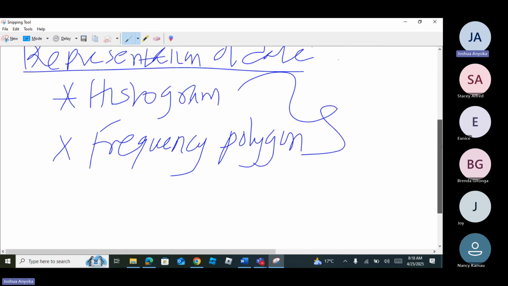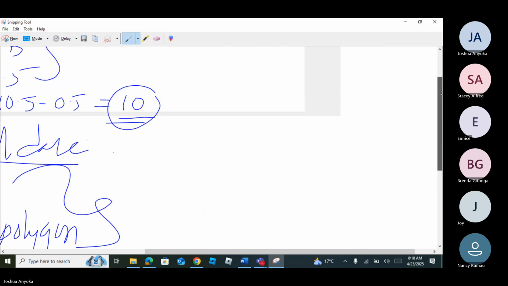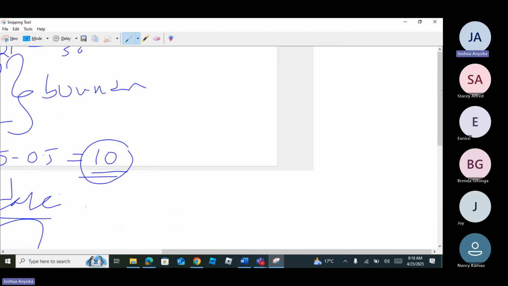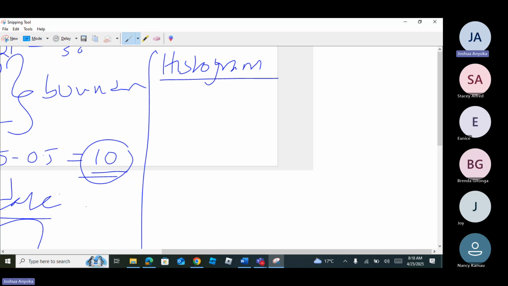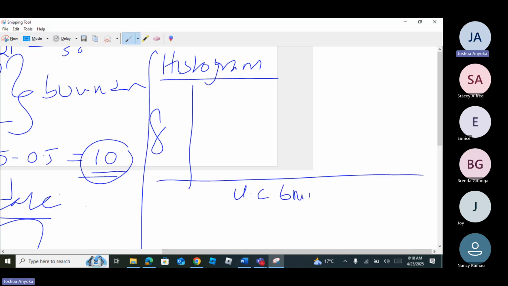Histogram is a graph of frequency against upper class boundaries.